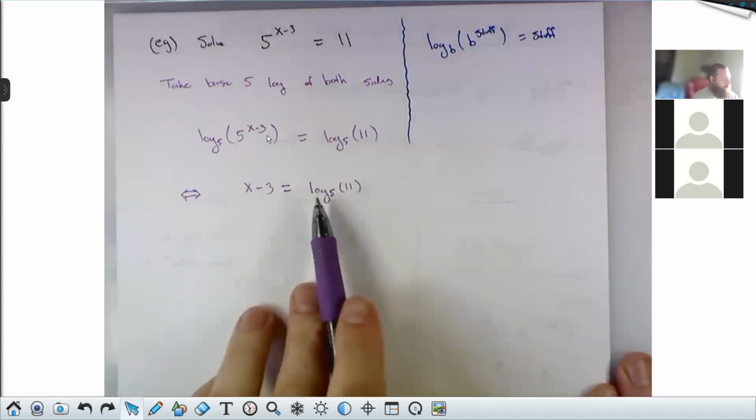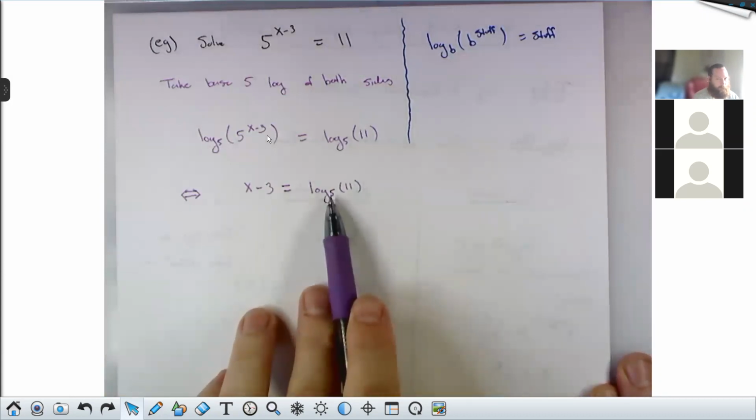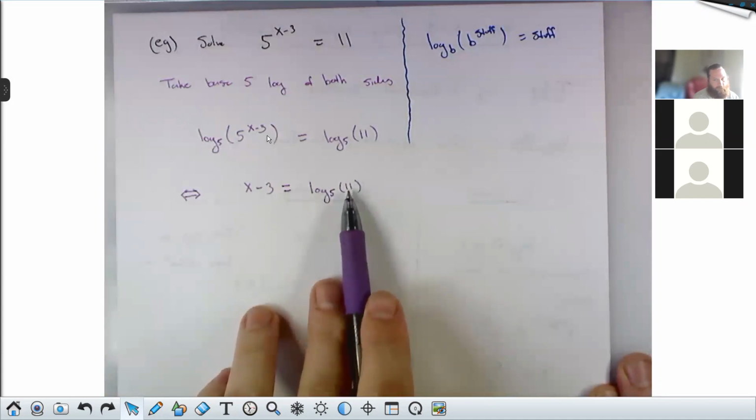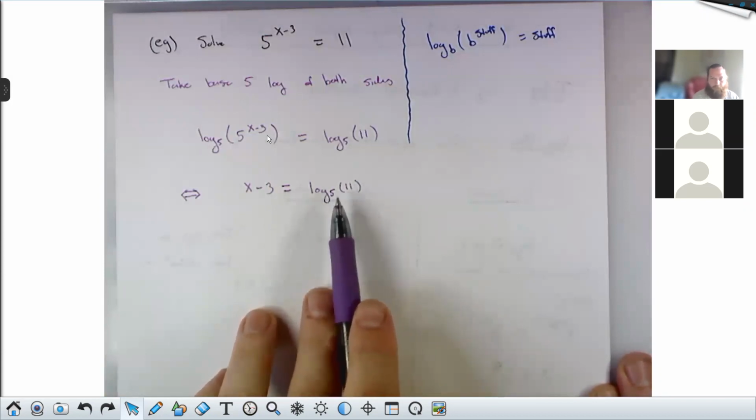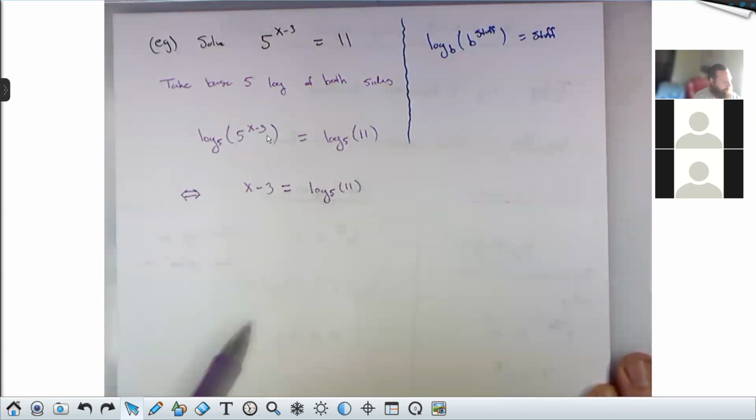And remember, this is just a number, right? The base 5 logarithm of 11 is the number to which you must raise 5 in order to get 11. It's a weird number. I don't know exactly what it is. It's a little bigger than 1 because 5 to the 1 is 5. It's smaller than 2 because 5 to the 2 is 25, but it's a number.